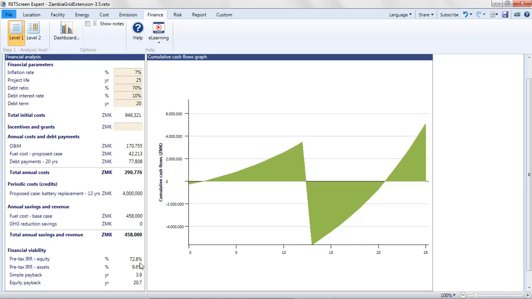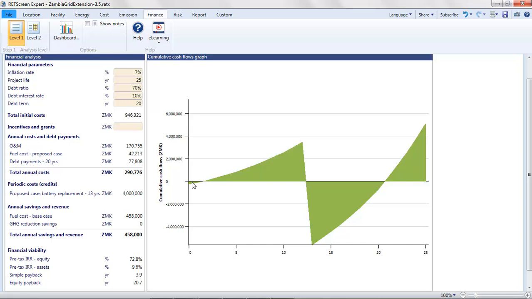The simple payback also doesn't look terrible at 3.9 years, but the equity payback looks very long, 21 years, because it's based on this crossing of the cumulative cash flow equals 0 line here. That's due to the battery replacement after 12 to 13 years really taking the cash flow negative here.